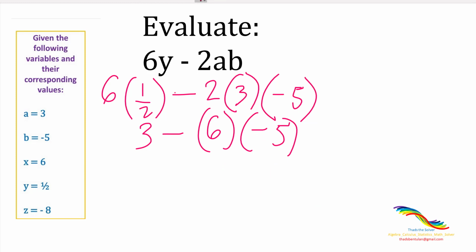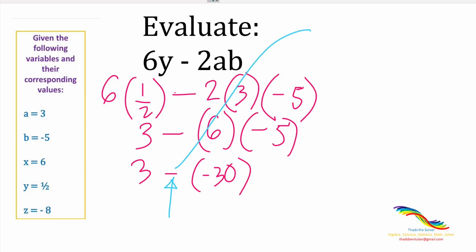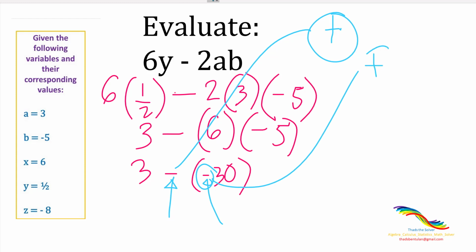All right, let's proceed. So this is 3 minus -30. So this is a subtraction. What's the rule for subtraction? We change the operation from minus to plus, and then we change the sign following the operation. So if we change that, a -30 becomes a positive.